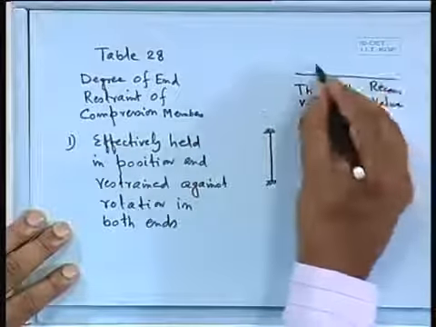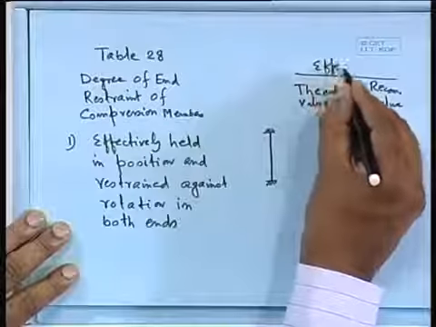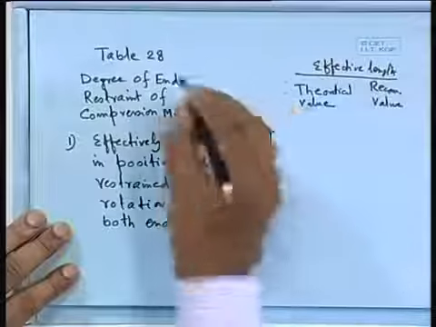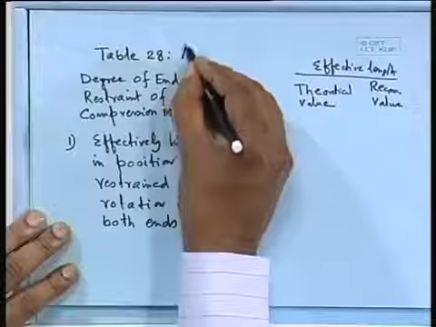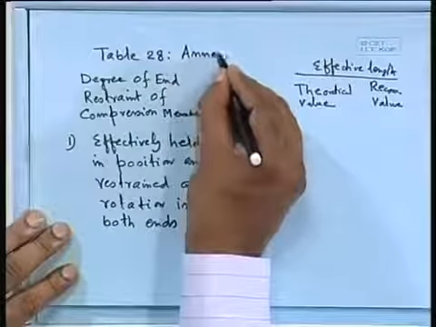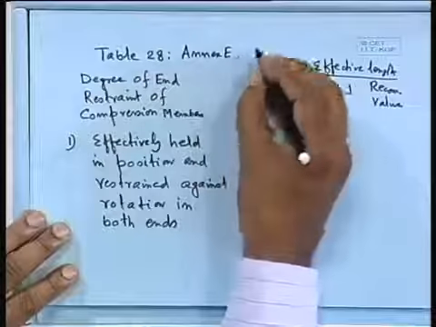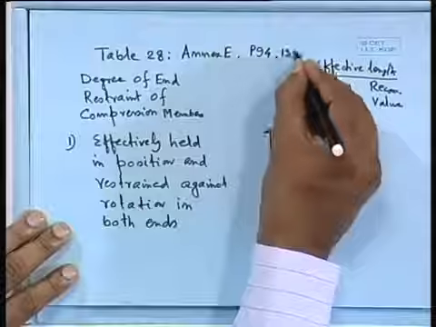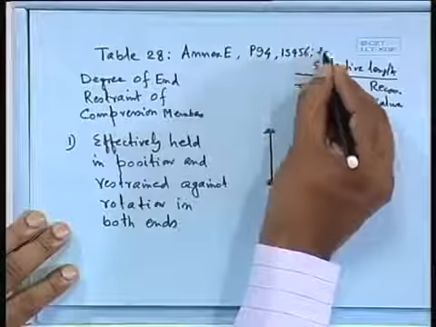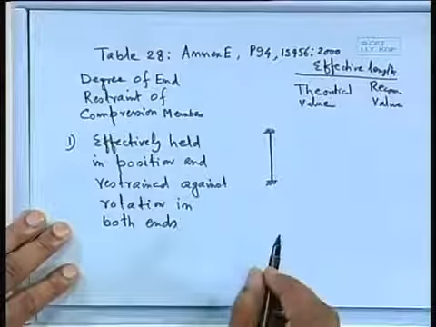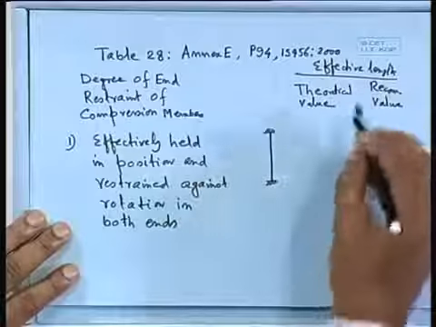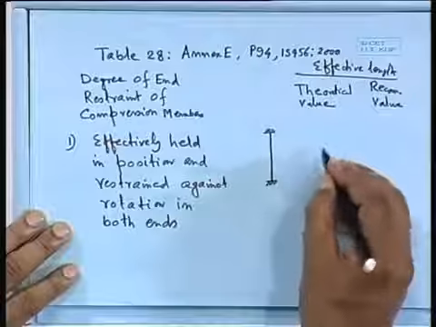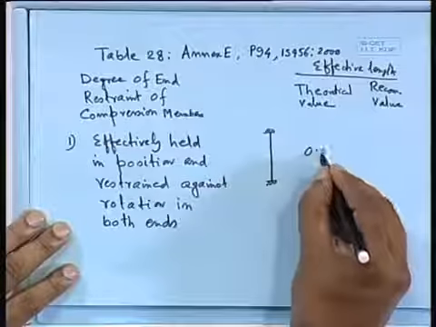These are all for effective length. Where shall we get it? Table 28, Annex E, page 94, IS 456 2000. This is the specific reference from where I am talking. So for effective length, we have the theoretical value. What is the theoretical value? That we can get as 0.5.